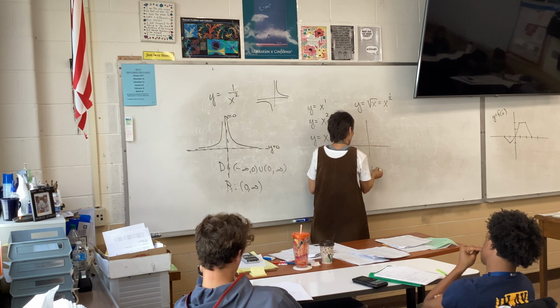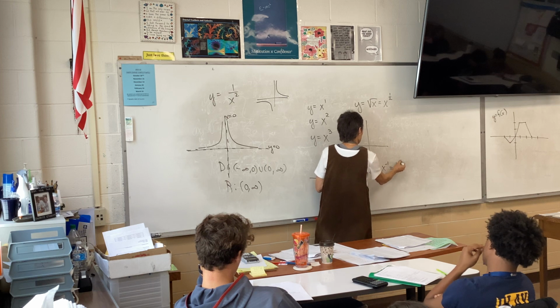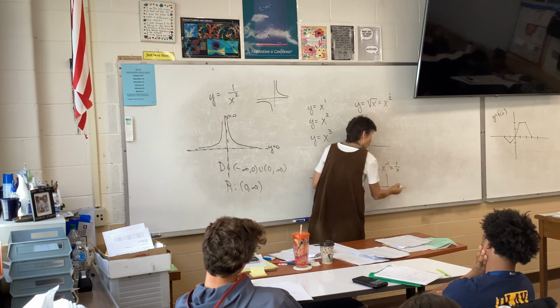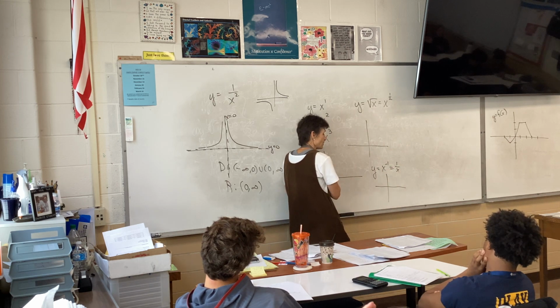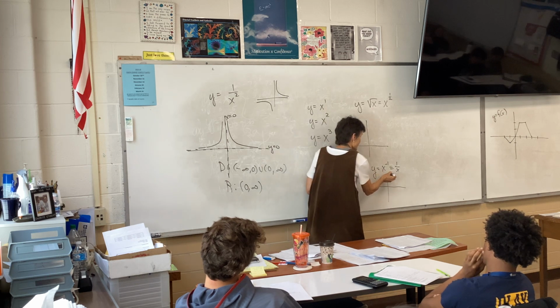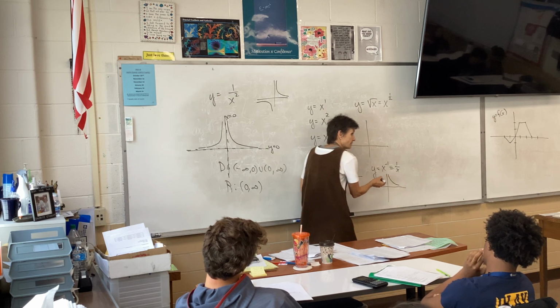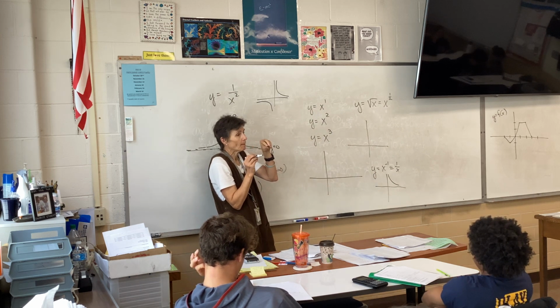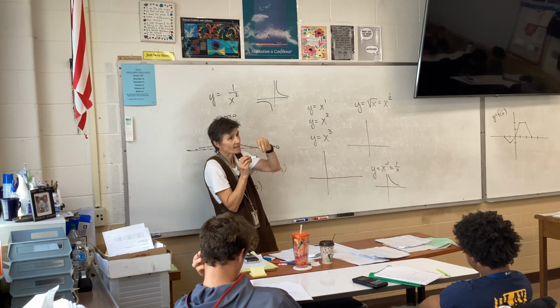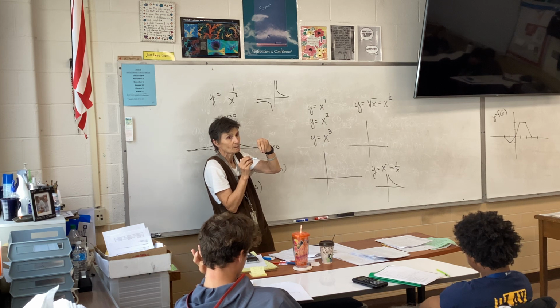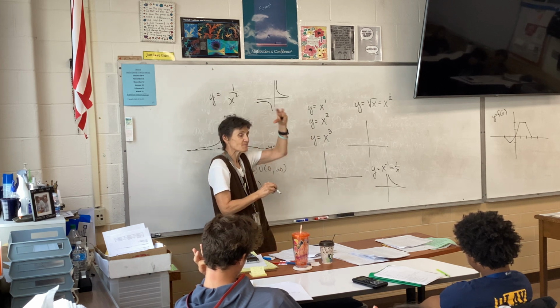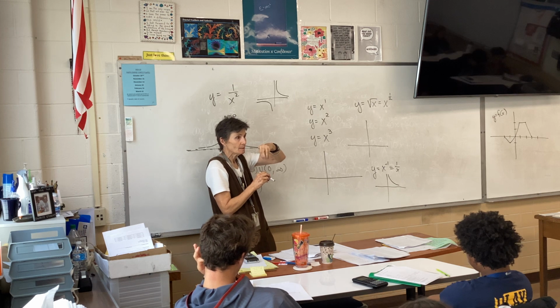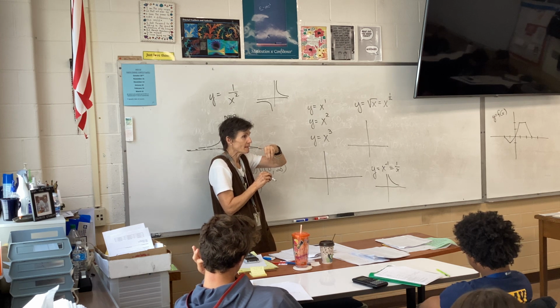And then think about this one, which is only in the first quadrant. What's he doing? He's coming down like that. There is a relationship between the size of the asymptote, the size of the exponent, and the way the curve behaves.